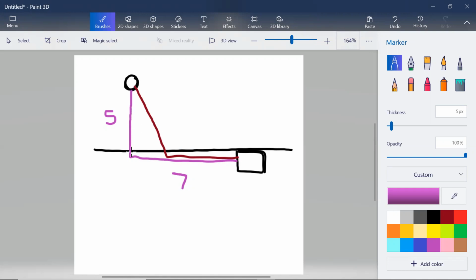Hopefully you notice that we've created basically a right triangle here. We're going to utilize that right triangle. Here's how we do it.